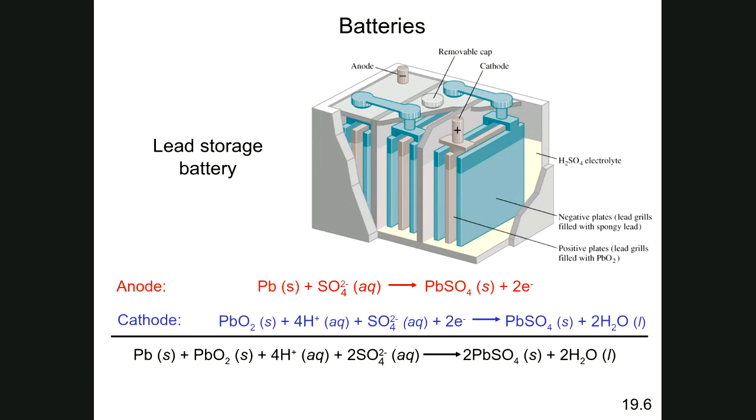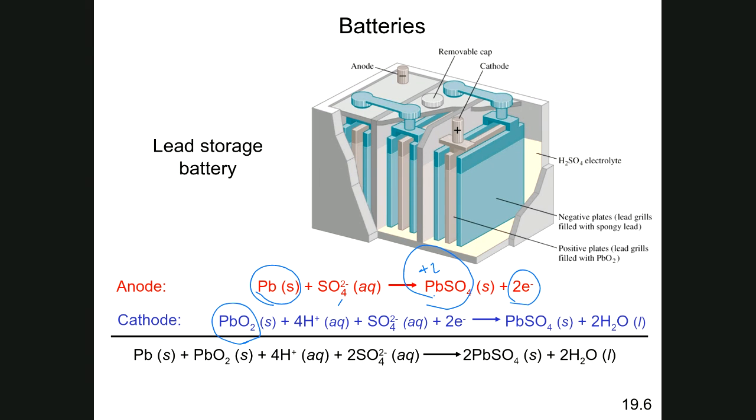For the lead storage battery, both the anode and cathode reactions are based on lead. In the anode, lead element is going to be oxidized to lead 2+, combines with the sulfate, and releases 2 electrons. It would change to lead sulfate. For the cathode, we have lead oxide.